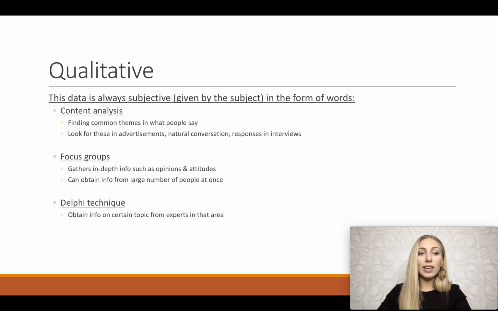So we have discussed focus group and Delphi techniques in another video that I have made on investigation designs. So if you need further information on those two, have a look at that video because I delve deeper into focus groups and Delphi techniques. So this was qualitative data, looking at subjective information in the form of words.